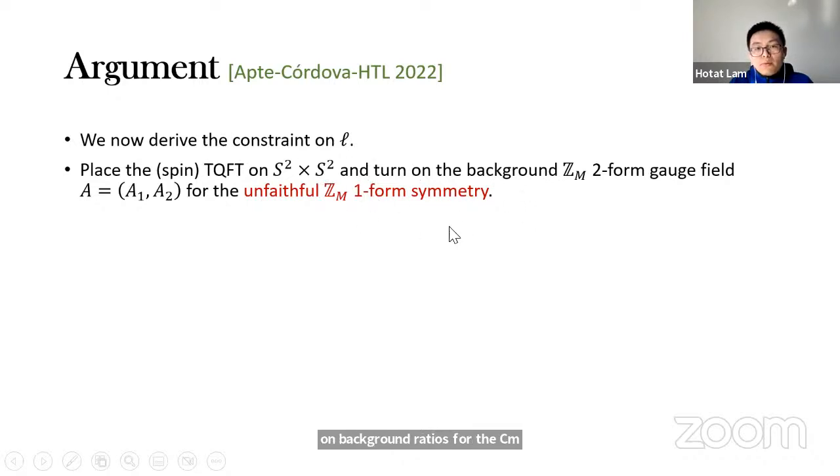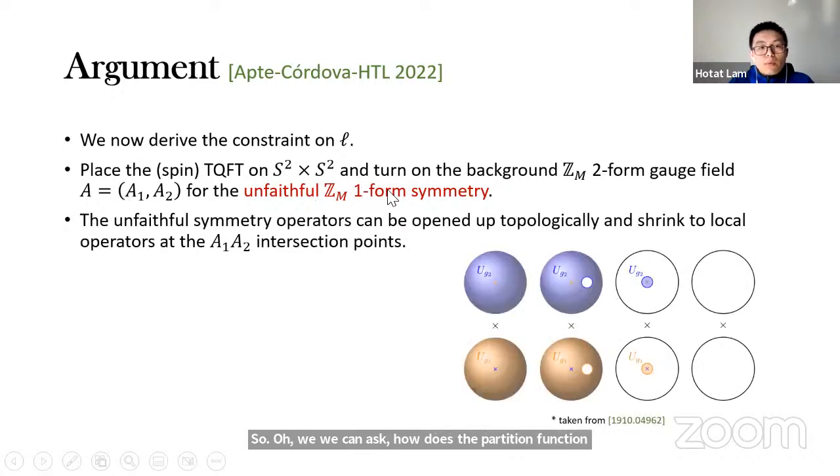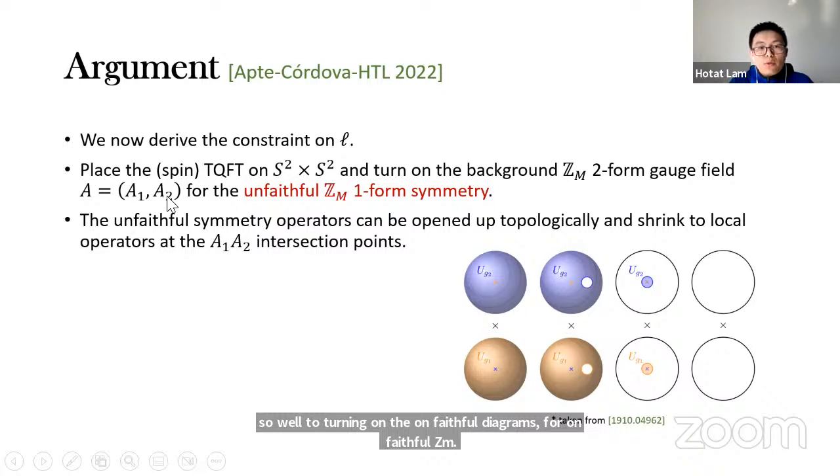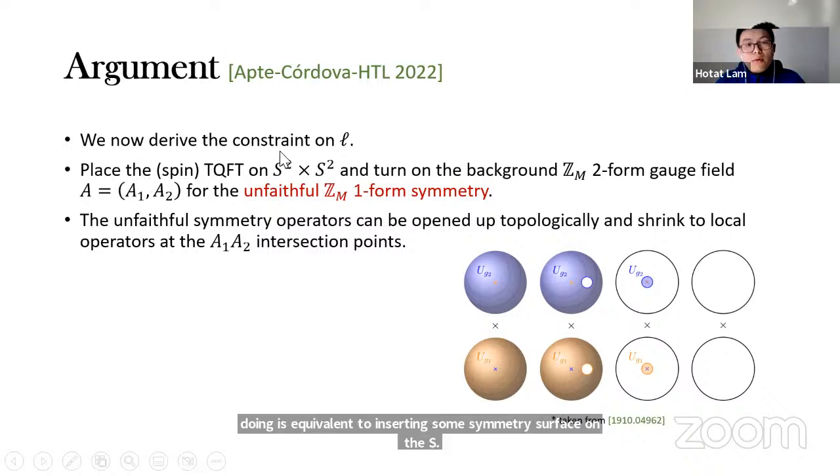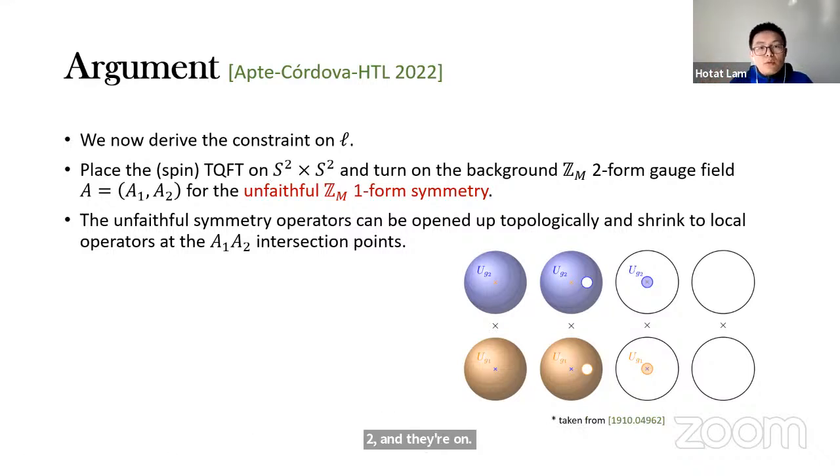We can ask how the partition function behaves. Turning on the backgrounds for the unfaithful ZM one-form symmetry is equivalent to inserting some symmetry surfaces on the S2 times S2. For example, if there's a non-trivial holonomy on the first S2, then it's equivalent to inserting a symmetry surface on the second S2, and vice versa.